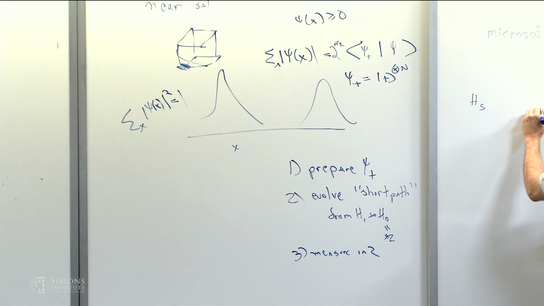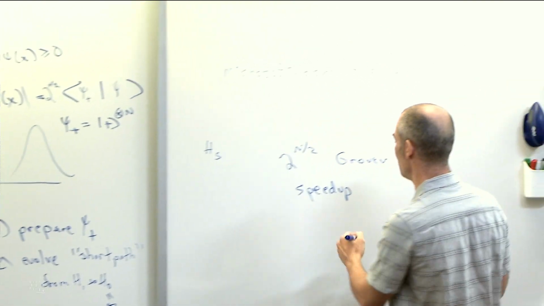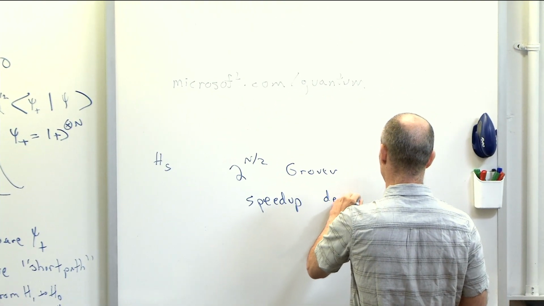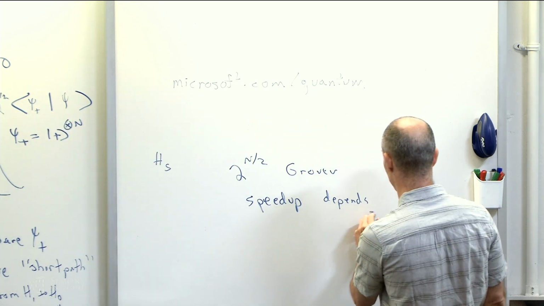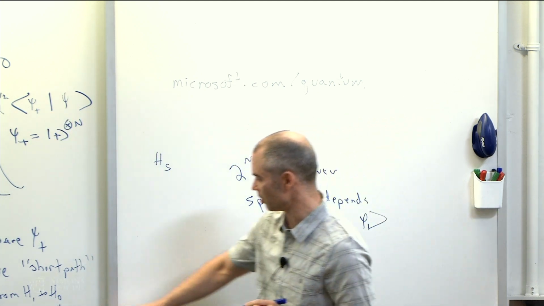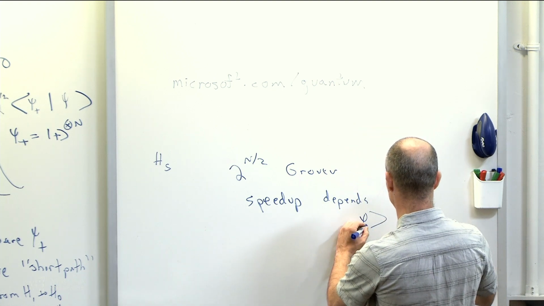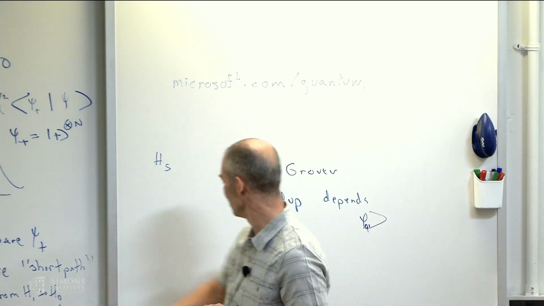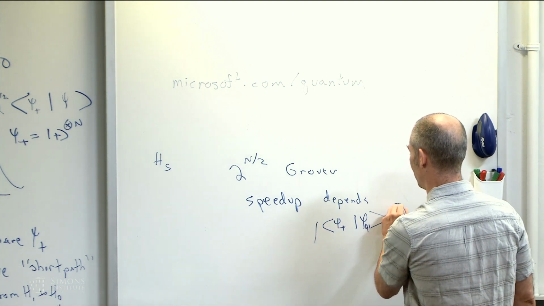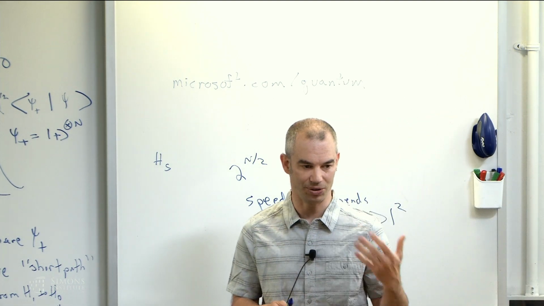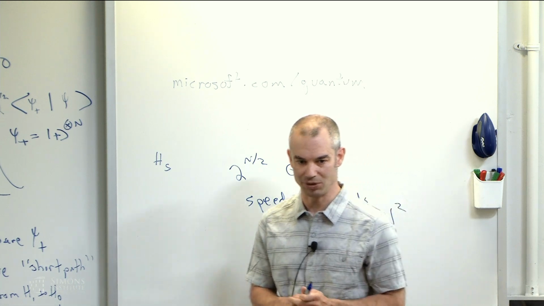So time 2 to the n over 2 is Grover, and we'll have a speed up that depends upon a certain overlap, an overlap between a certain ground state psi 0,1, the 0 for the ground state and 1 to indicate that it's for this Hamiltonian H1, and the state plus squared. Whether we can create a large inner product between these two states.